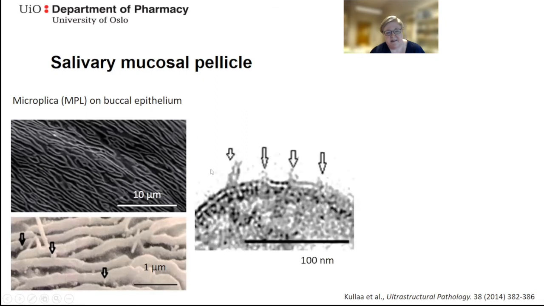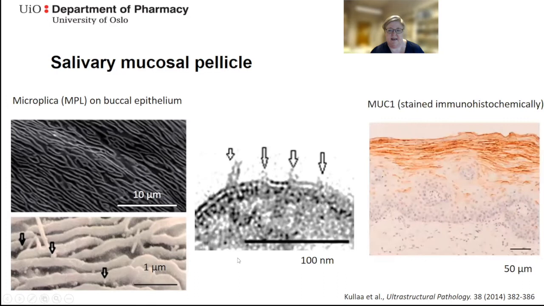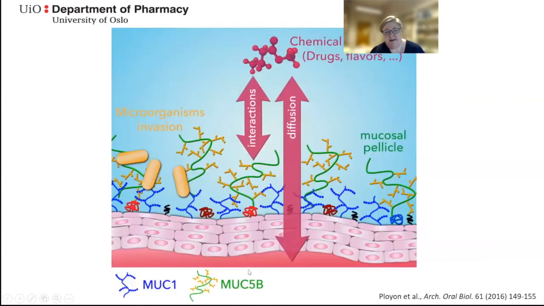And on top of these, I think it's quite interesting to see in electron microscopy here that there is a protrusion through the surface, and they have shown that it is MUC1, one type of mucin that is associated to the epithelium. So MUC1 and MUC5B are forming together the mucous barrier.